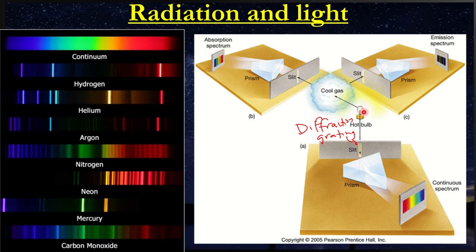What's actually happening in this gas is it's absorbing some of the energies going through. Some of the energies from this color spectrum are being absorbed by the gas, and the reason you see these little dark bands is because of the absorption of energy.